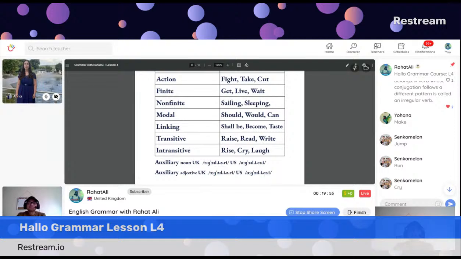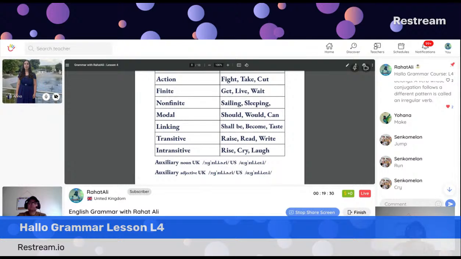Okay, transitive verb. So, do you know which verbs we call transitive verbs? Similarly, if a verb has an object or predicate, we call them transitive verb.